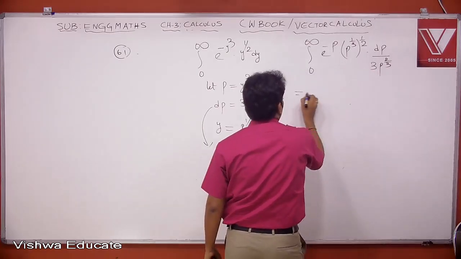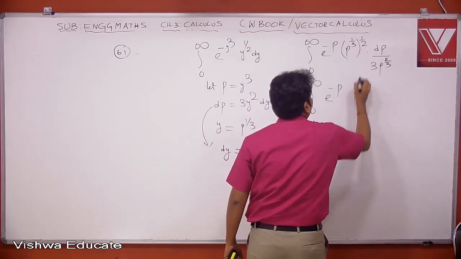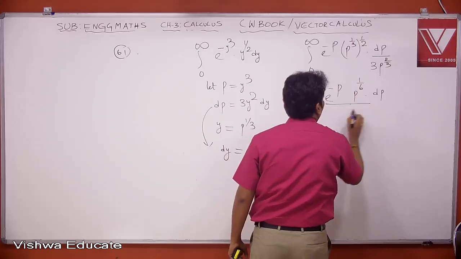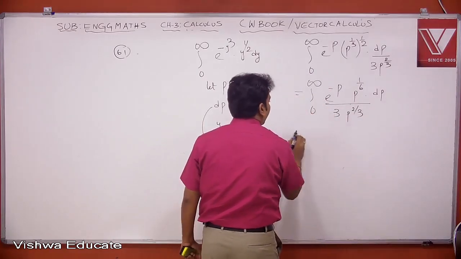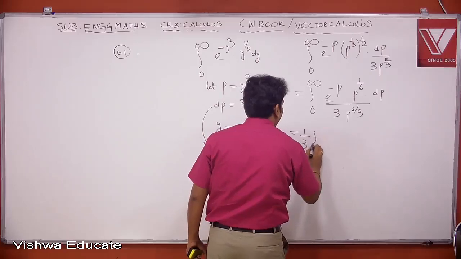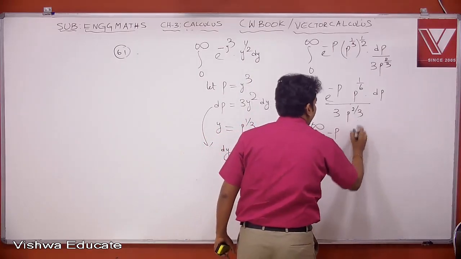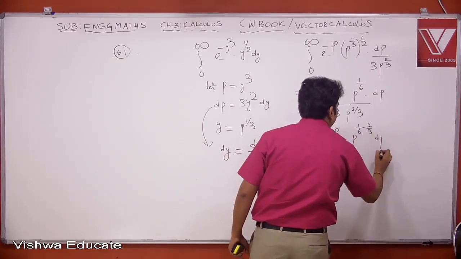Now therefore this is integral 0 to infinity e power minus p into p power 1 by 6 into dp divided by 3 times p power 2 by 3. So 3 is constant, we can take before the integral, 1 by 3 into integral 0 to infinity e power minus p into p power 1 by 6 minus 2 by 3 dp.